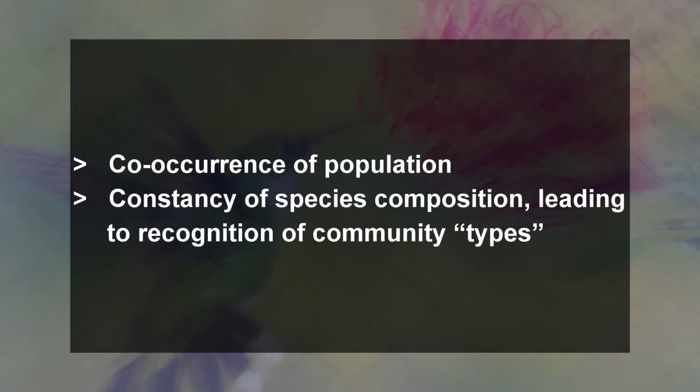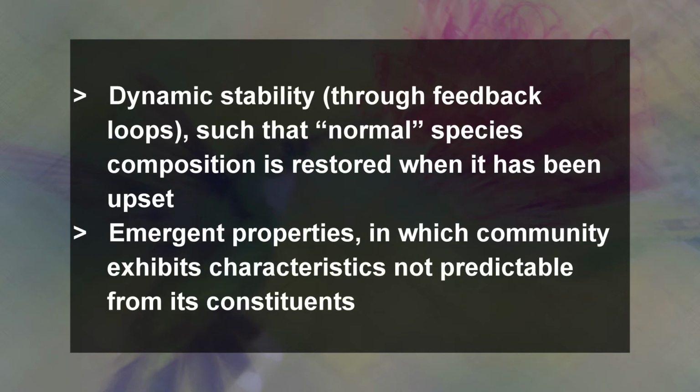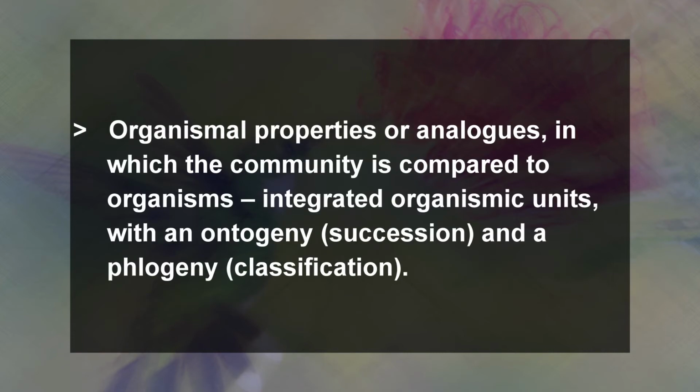These are co-occurrence of populations, constancy of species composition leading to the recognition of community types, dynamic stability through feedback loops such that the normal species composition is restored when it has been upset, emergent properties in which the community exhibits characteristics not predictable from its constituents, and organismal properties or analogues in which the community is compared to organisms, integrated organismic units, with an ontogeny, that is succession, and a phylogeny, that is classification.